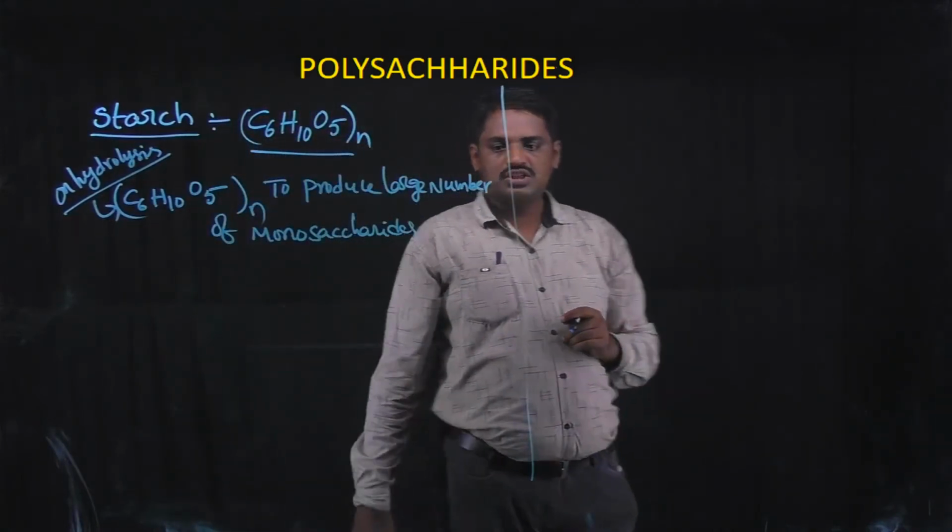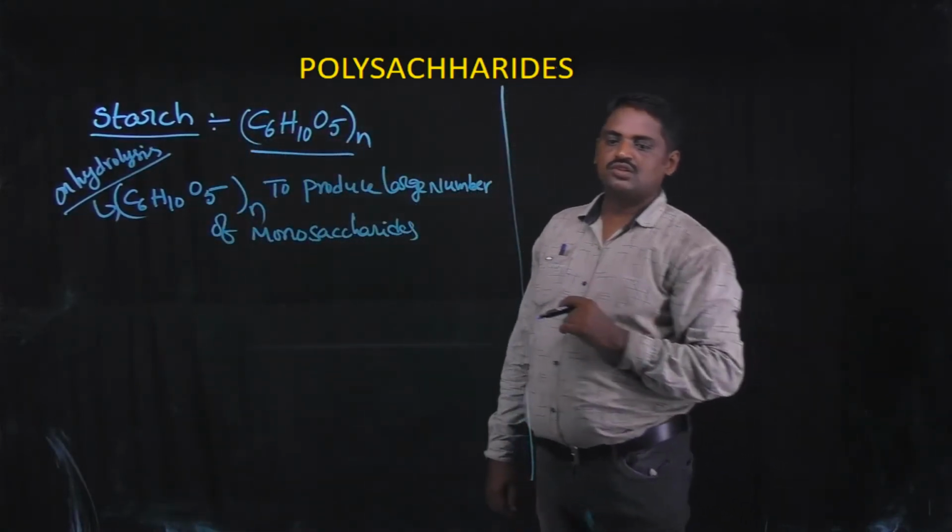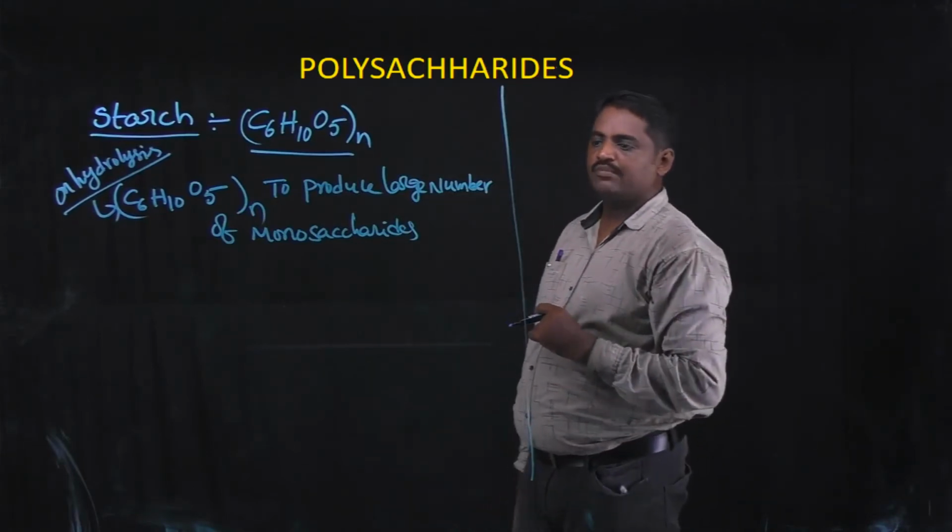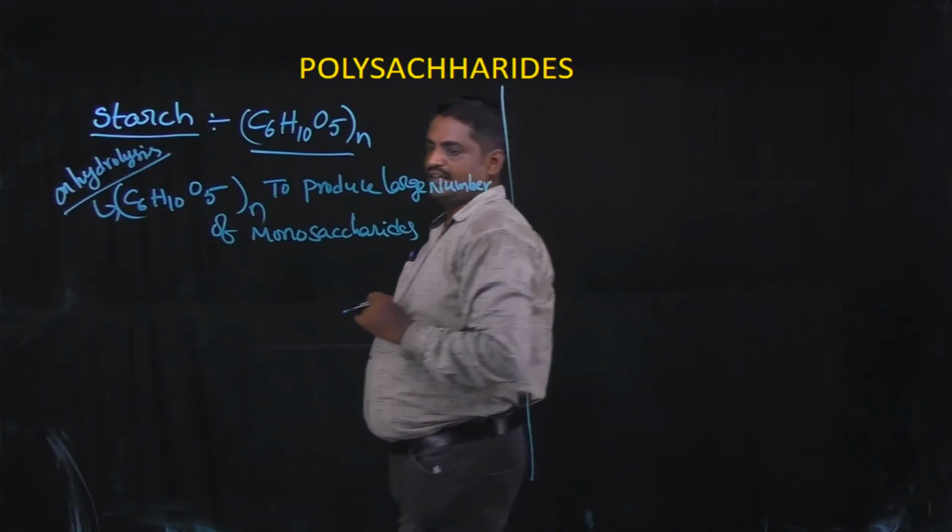So starch on hydrolysis produces a large number of monosaccharides.